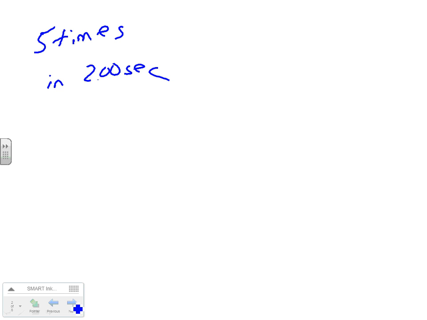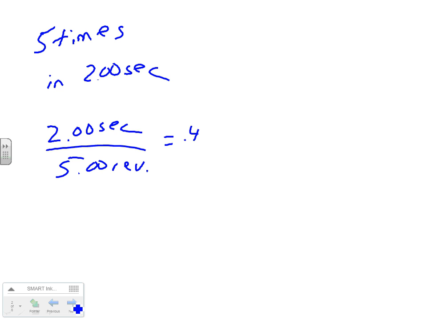So if we take 2 seconds divided by 5 revolutions, 2/5, we end up with 0.4 seconds per revolution. That's our period. That's capital T.